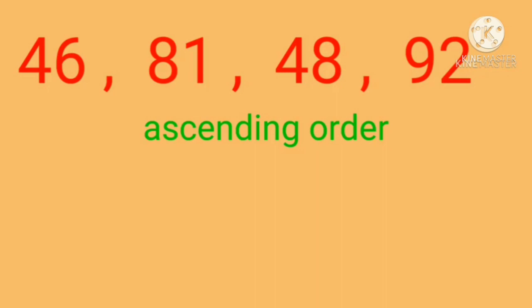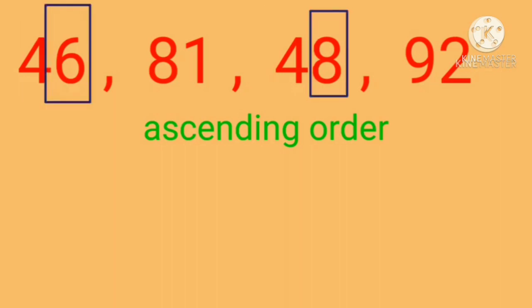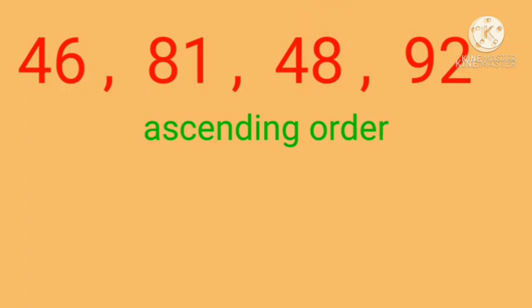But here two numbers have the same tens digit, that is 46 and 48. So let us compare their ones digit. 46 has 6 ones and 48 has 8 ones. So tell me children, which is smaller, 6 or 8? Yes, 6. So let us write 46 as the smallest number.